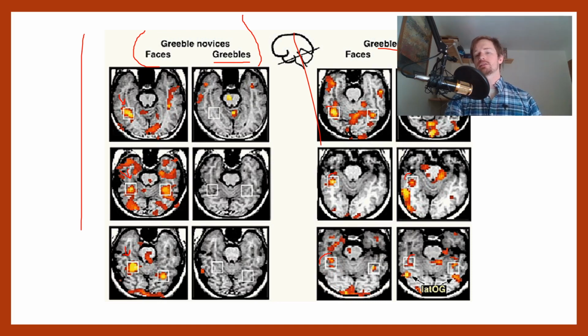If it's something that we have lots of training discriminating, or lots of experience comparing and trying to recognize who is who, then we're starting to get that area of the brain activated.